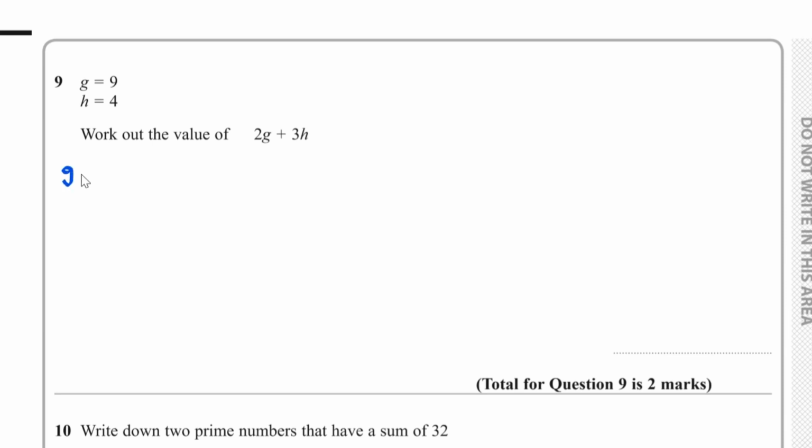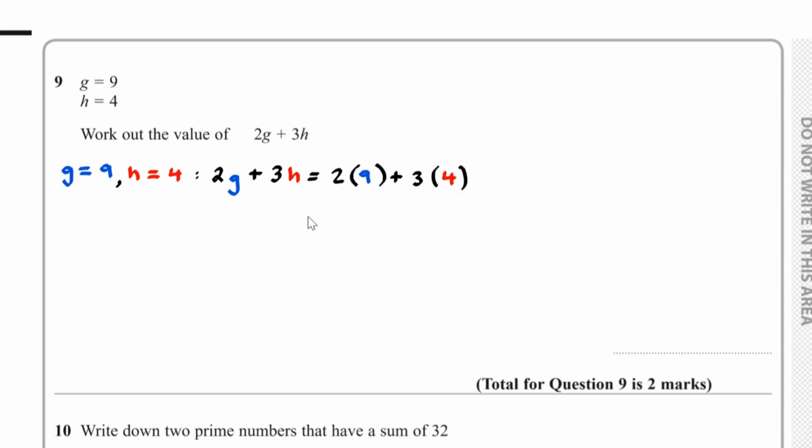With g equaling 9 and h equaling 4, 2g plus 3h will equal 2 multiplied by 9 plus 3 multiplied by 4.